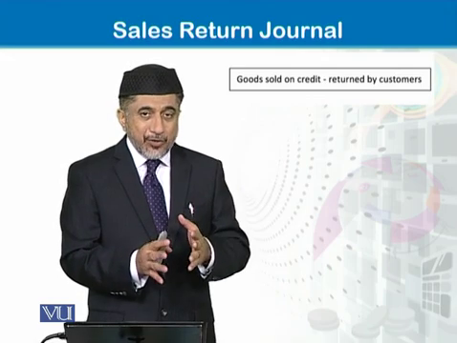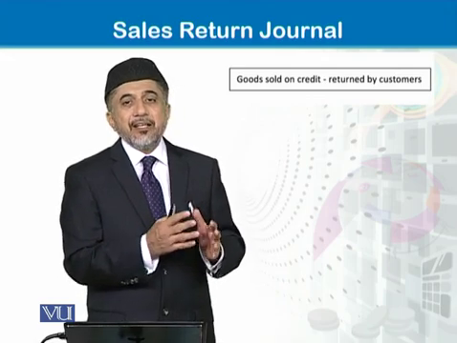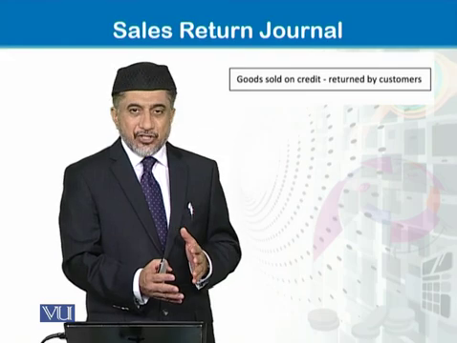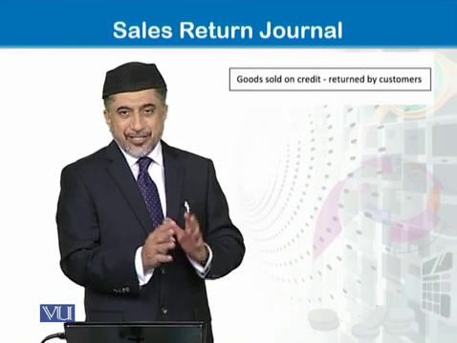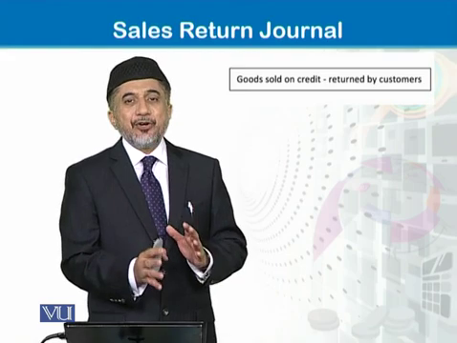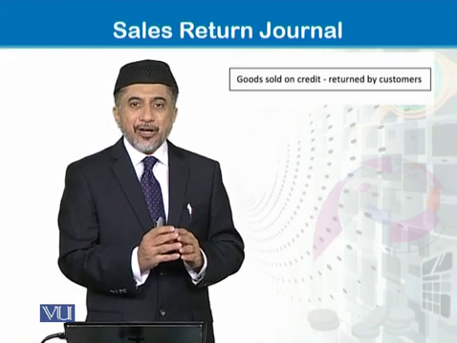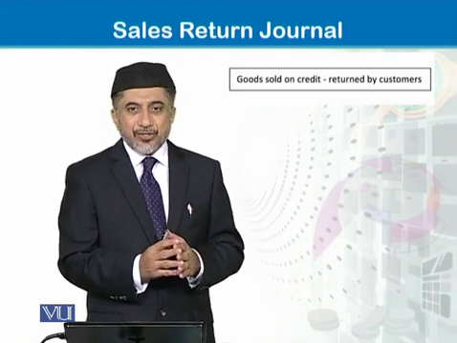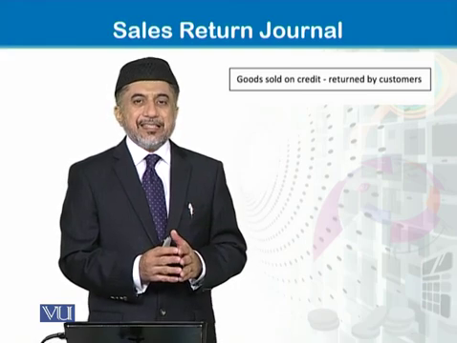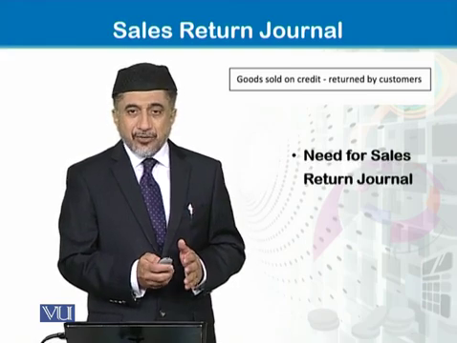And when there is a sales return, there will be a fall in the accounts receivables balance. But don't worry about it. Here we are not doing double entry. We are doing single entry. We are just recording one effect of these sales returns in our books of accounts.